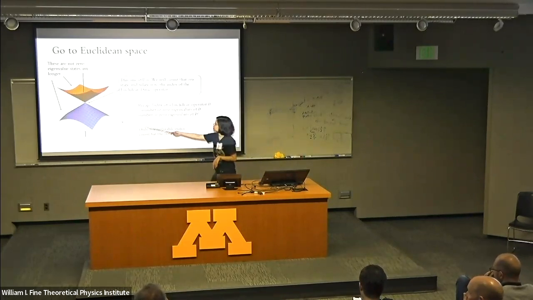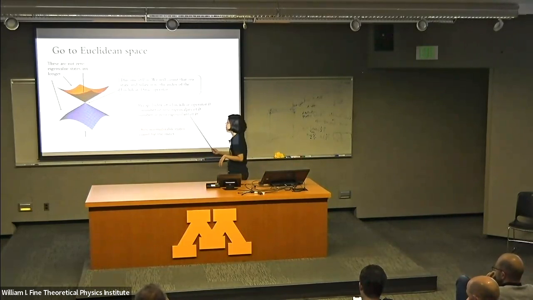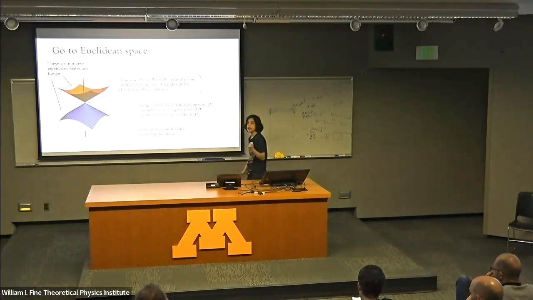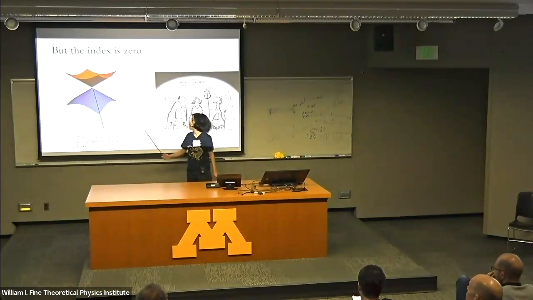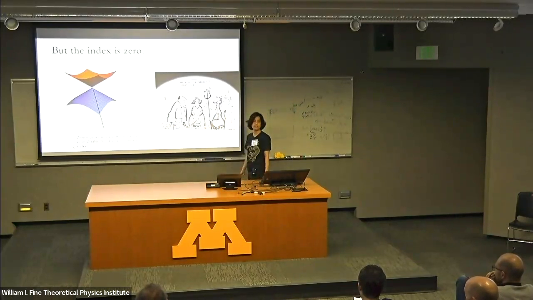So now if I want to connect this state to the index, you have to remember that I can only work with normalizable states here. And so that creates a problem, because that zero eigenvalue state is not localized, so it's not normalizable. So I'm in trouble, right? The index is 0.